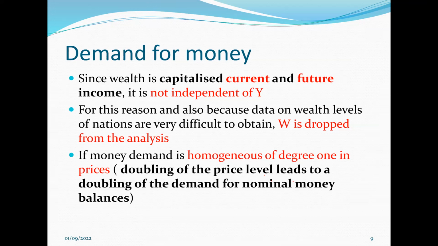Now, if money demand is homogeneous of degree one in price, that is to say, when you double the price levels, that will lead to the doubling of the demand for nominal money balances, right?